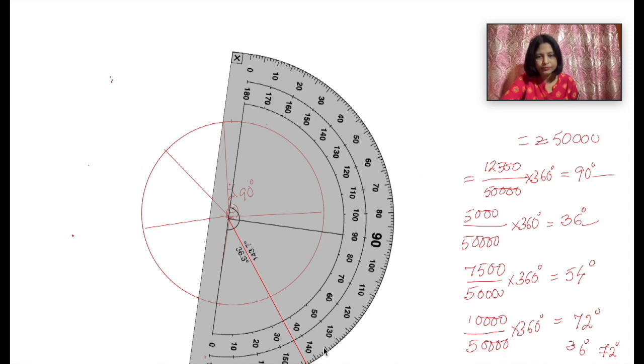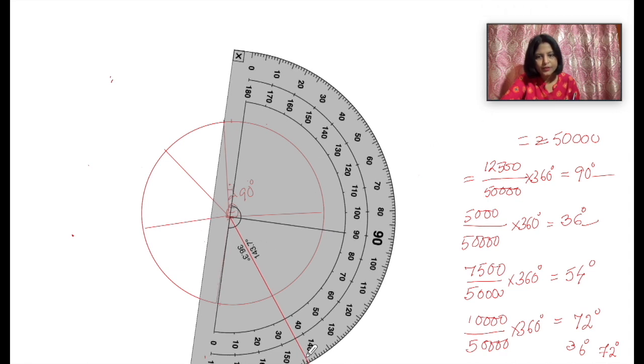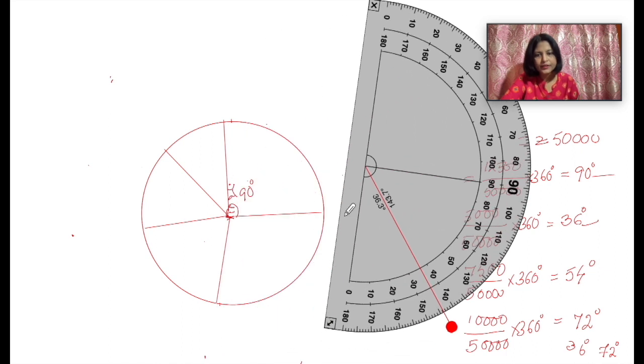So it is somewhere here. Okay, so if I remove the protector and using a ruler, if I join, I will find 36 degree somewhere here. And the remaining part naturally has to be 72 degree because the total sum for the angle at the center of a circle is 360 degree. Let me remove the protector now.